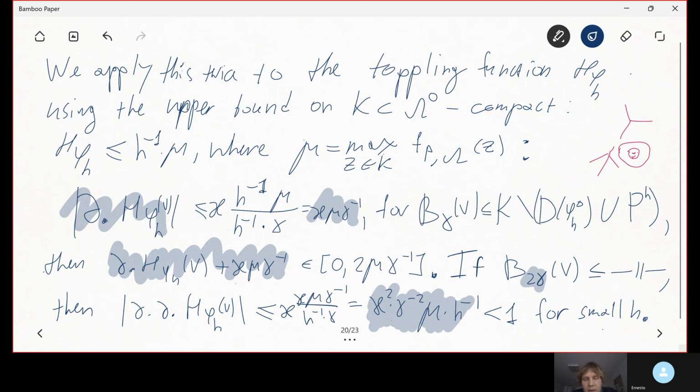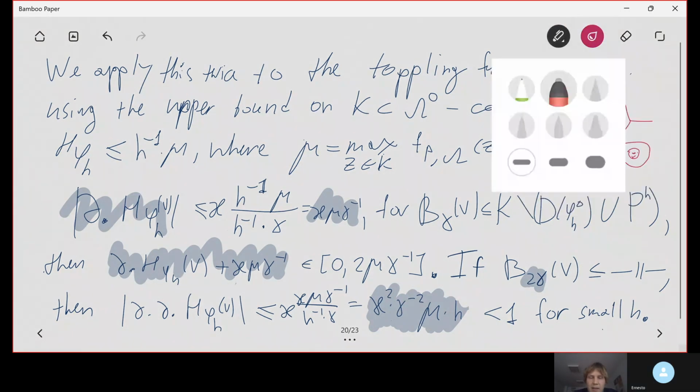Here kappa is an absolute constant, gamma is some moderately big constant, and mu is some estimate from the tropical series on the compact. What's important here is H, and I wrote H minus 1 is just H. So we're already on the second derivative? Yes, I'm explaining it.